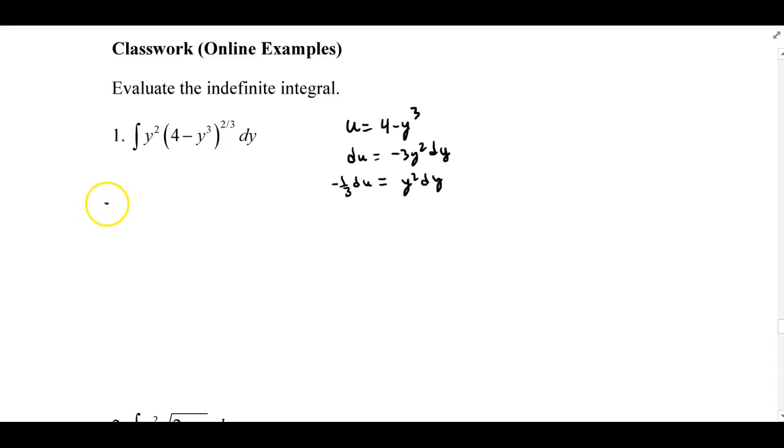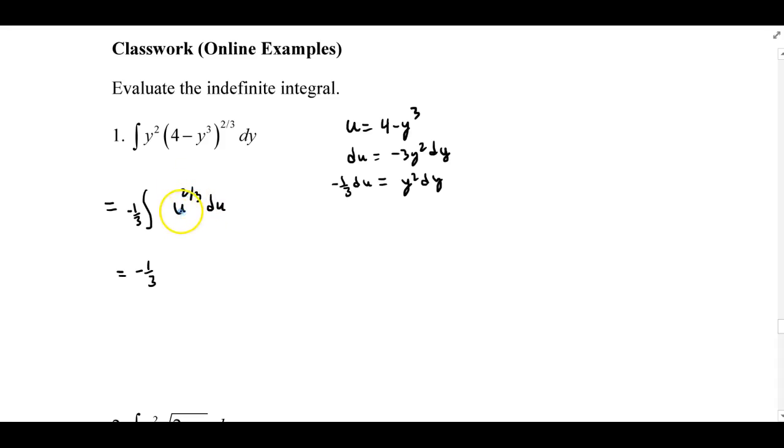Okay, so now our substitution: we have the integral, we replace this with u, so we get u to the 2/3. And then y squared dy is negative 1/3 du, so we take the negative 1/3 and place it outside, du. Now we integrate this with respect to u.